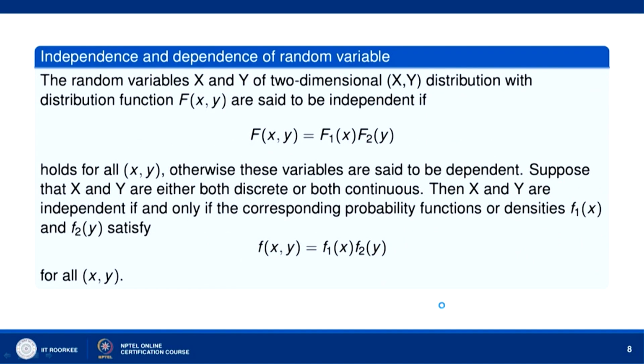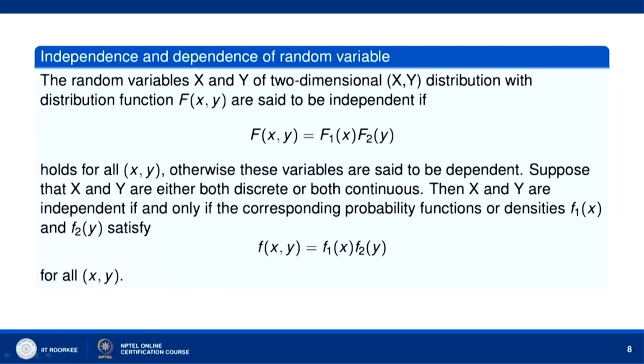Now, let us discuss independence and dependence of random variables. The random variables x and y of a two dimensional distribution (x,y) with cumulative distribution function F(x,y) are called independent if F(x,y) equals F1(x) into F2(y) holds for all x, y, otherwise these variables are said to be dependent.